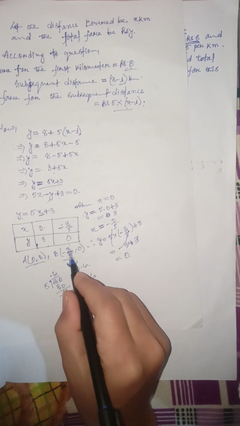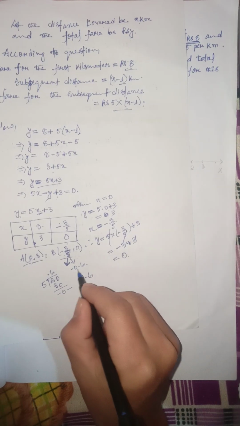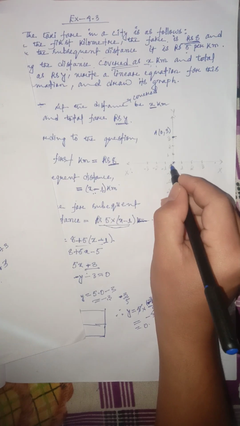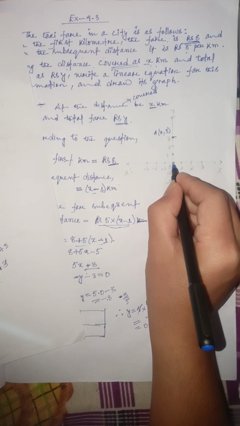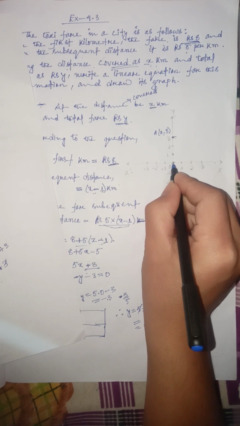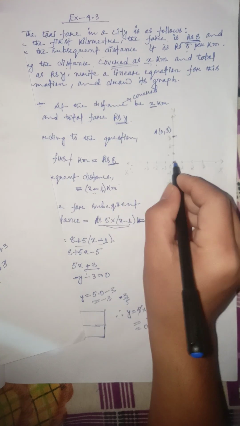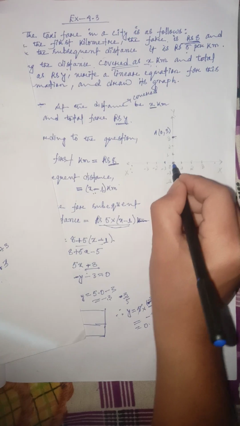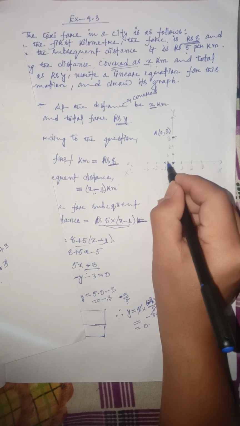Right after this, we have the other point, which is (minus 3 by 5, 0). Minus 3 by 5 means minus 0.6. Minus means it will be on the x-axis, and we have to move to the left-hand side from here, in this direction. Since it is 0.6, it lies between 0 and 1.